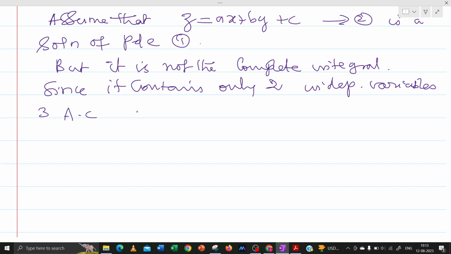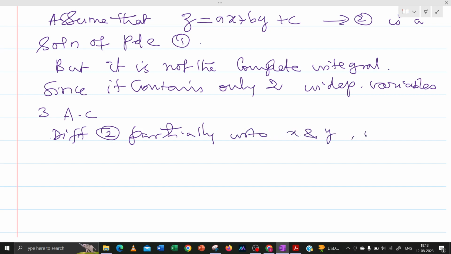So by the definition of the complete integral, the solution should have an equal number of arbitrary constants and independent variables. Therefore, we have to differentiate z partially with respect to x and y.